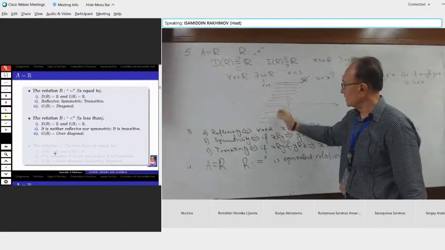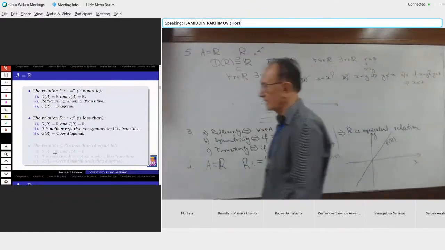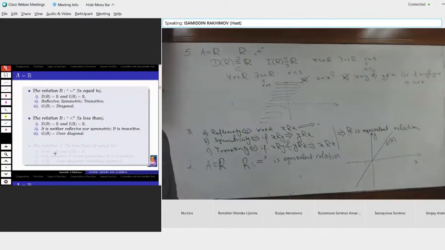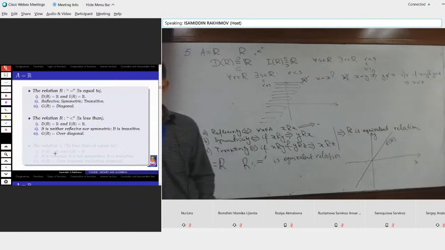So this zebra part is the graph. Is it clear or not?